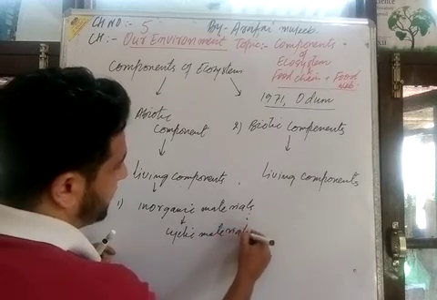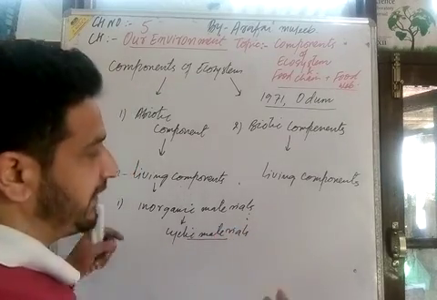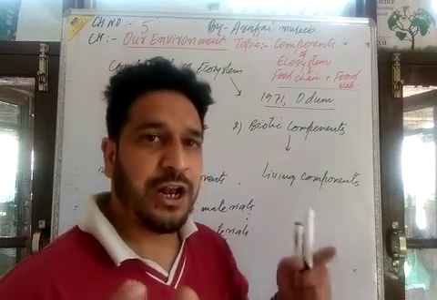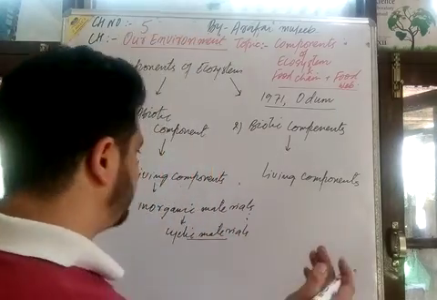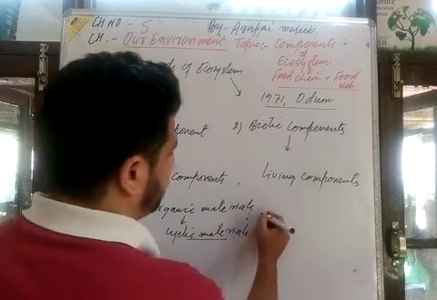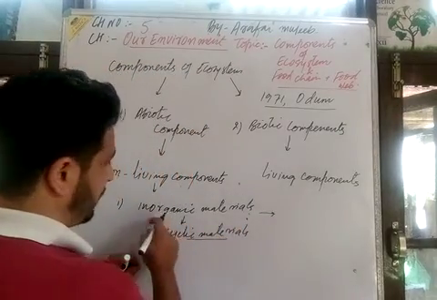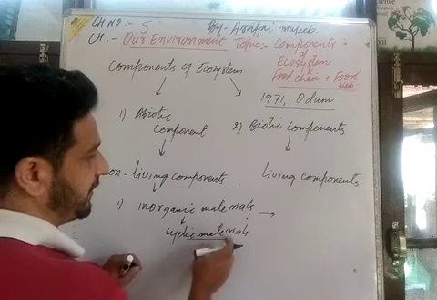आपको पता है जब भी death होती है, when there is death of living organisms, plants, animals, and dead bodies of plants, animals, then on decomposition, inorganic materials or cyclic materials क्या होते हैं?